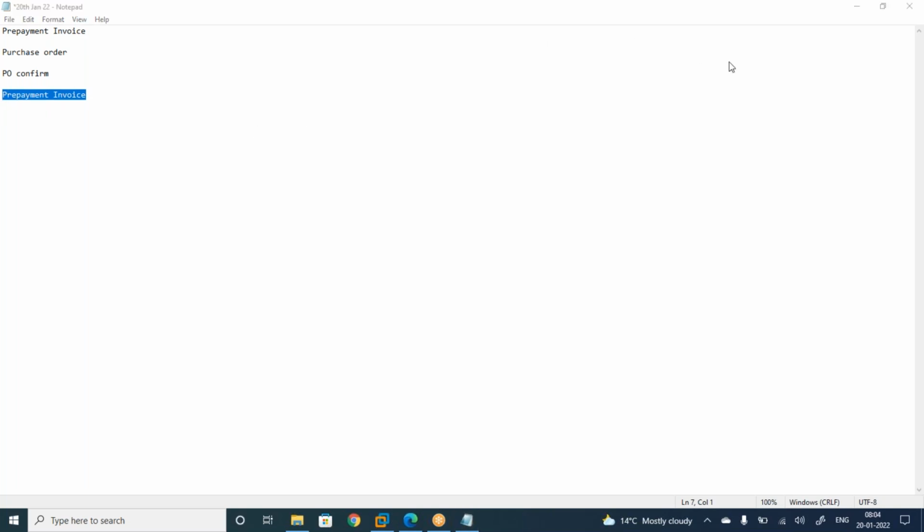We generate the invoice against a category item and then submit it to the finance department.